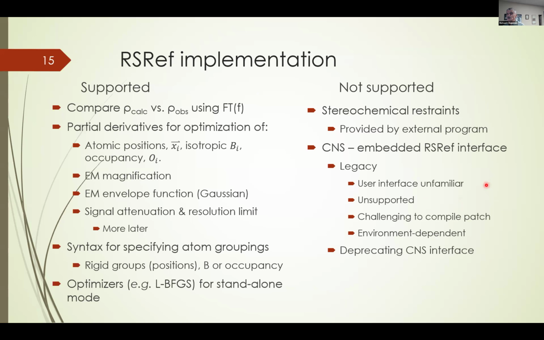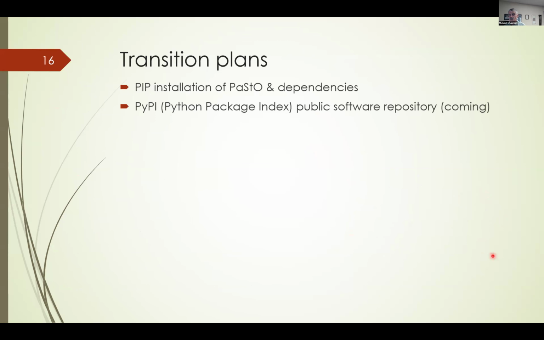I think there are a few electron microscopists that are familiar with the CNS user interface. The code is no longer supported. It gets increasingly challenging to compile, and it's more and more environment dependent. And so we've made the decision to deprecate our CNS interface.